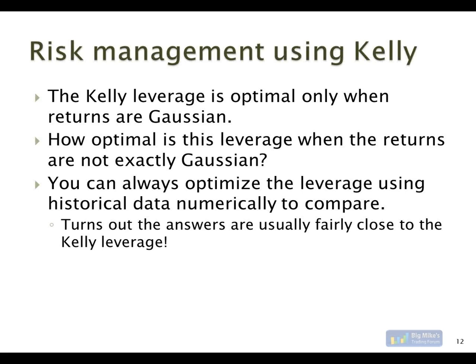So this slide is sort of just emphasizing what I have been talking about all along. The Kelly leverage, m divided by s squared, is optimal only when the returns are Gaussian. If you assume a non-Gaussian distribution, then the formula won't be so simple, although you can still do a brute force optimization of the leverage.